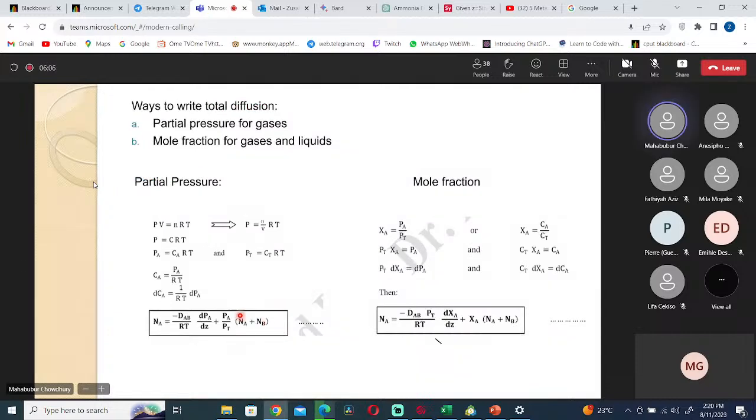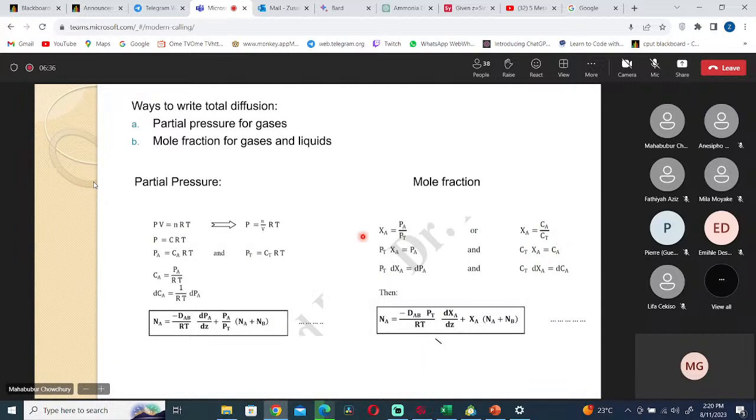Now, let us look at how we can also write it in terms of mole fraction. So the mole fraction XA is basically the partial pressure of A over the total pressure. Do you agree? Yes or no? Yes, all right. So similarly, can I not also say that the mole fraction XA is the concentration of A over the total concentration, because that is the basic definition of fractions.